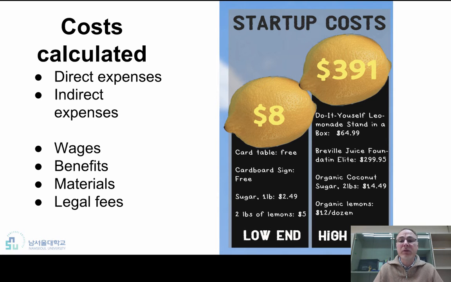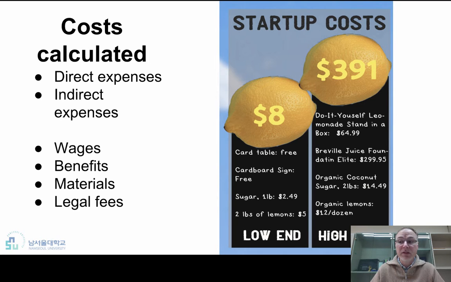And he came up with different models. A simple lemonade stand might cost a few dollars to start, while a more expensive, more luxurious lemonade stand had substantially higher costs. Now imagine that represents different policy options.